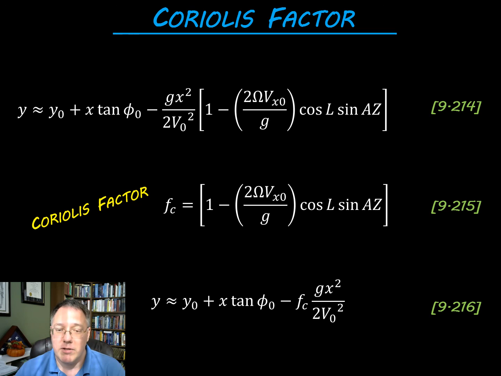However, if we were shooting due east with an azimuth of 90 degrees, then essentially this Coriolis term here is weakening the gravity term. So how much our bullet drops is going to be changed, and that means that our bullet is going to hit high on the target, because when it gets to range, it's going to be a little bit higher than it would have been if the Earth had not been rotating underneath it.